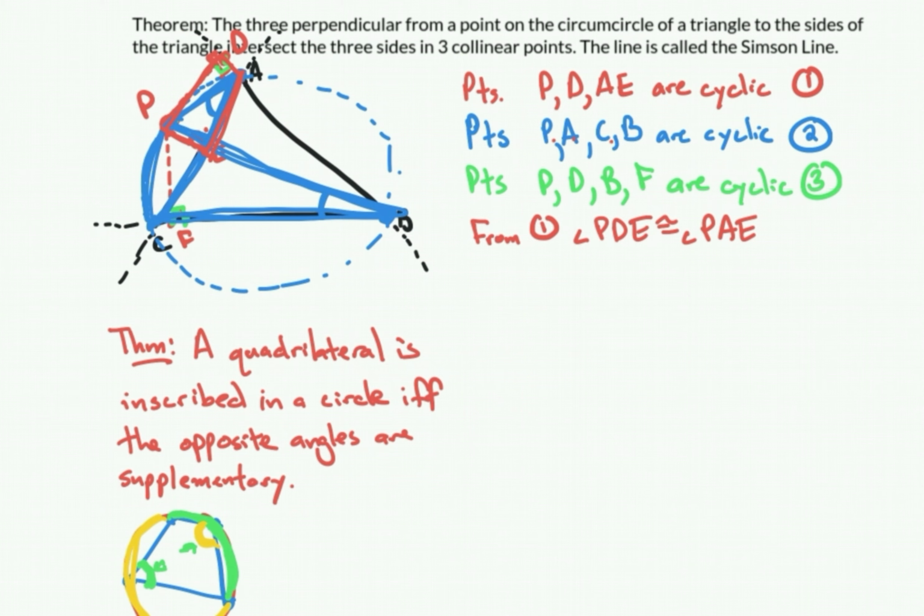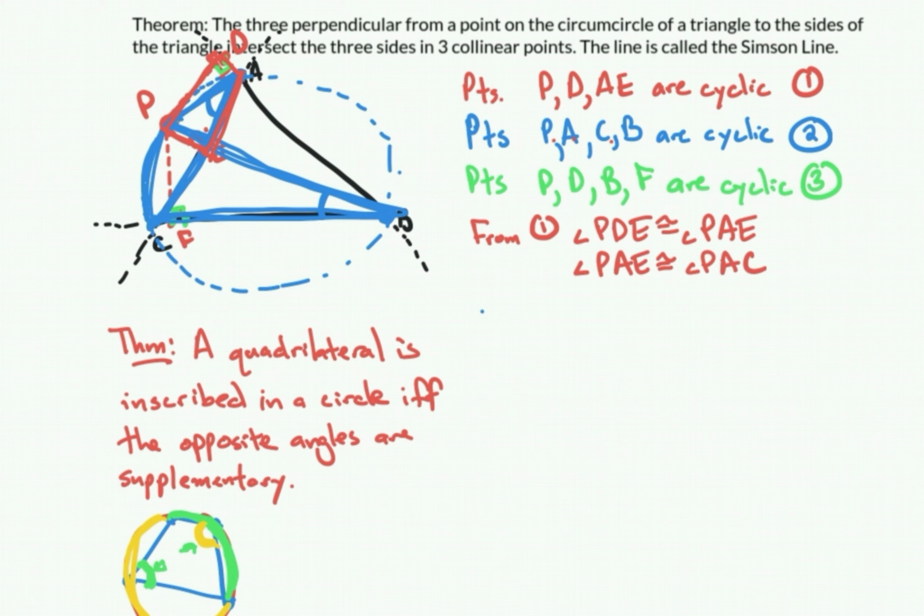I would encourage you to pause and slow down and confirm this for yourself and draw yourself pictures, but the reasoning is exactly like I just showed you. Similarly, PAE must be congruent to PAC.